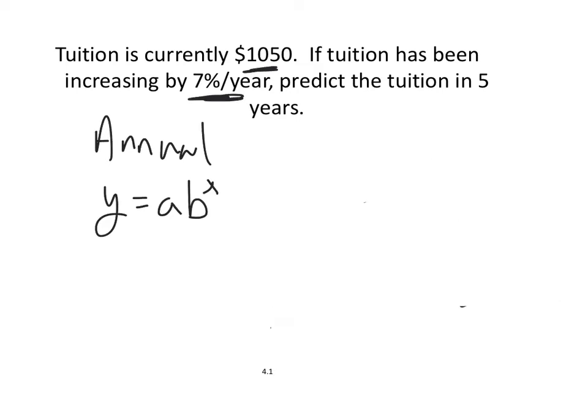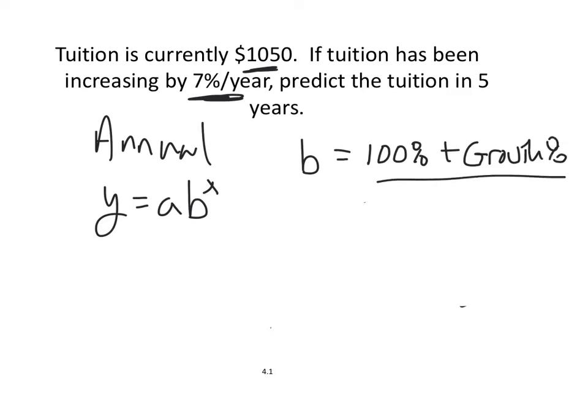The other thing I should add about the annual model is that the base can be found by taking, as I tell my 8th graders when I talk about exponential growth, 100% plus the growth percent, and divide it by 100.